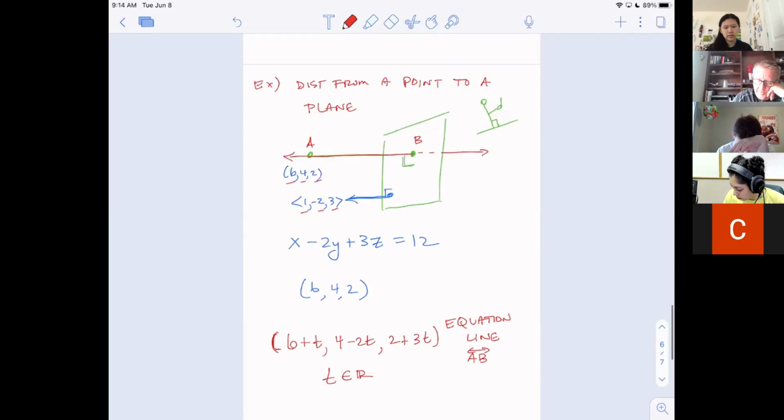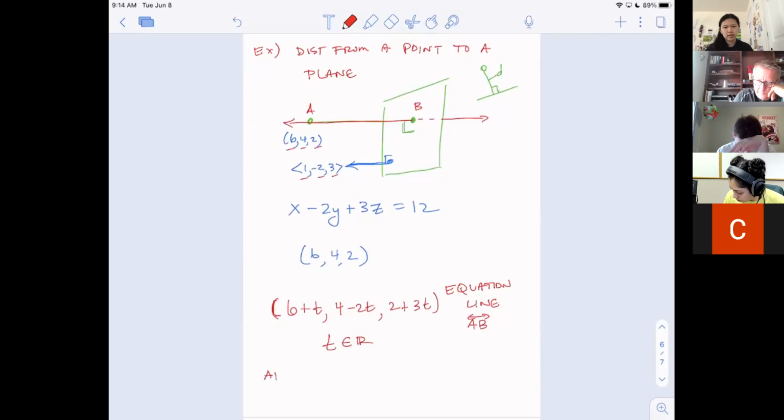But I'm really after the distance. Here's some more terminology in math: if you say AB and put a segment over the top of it, now you're saying, I don't want the line AB that goes forever. I literally just want the distance of that segment from A to B. This is interesting.